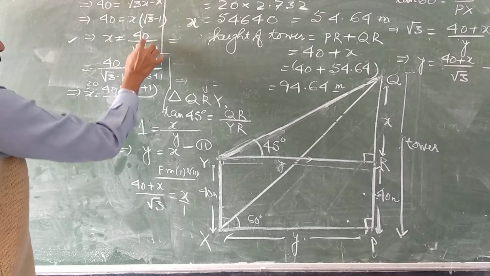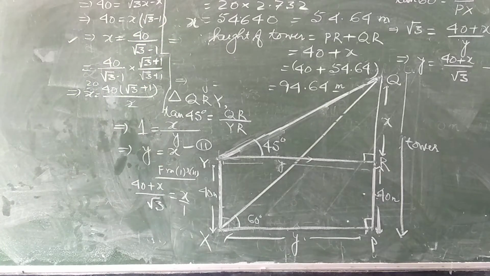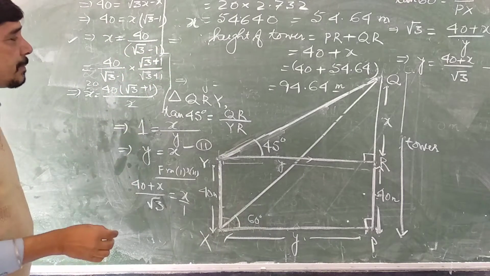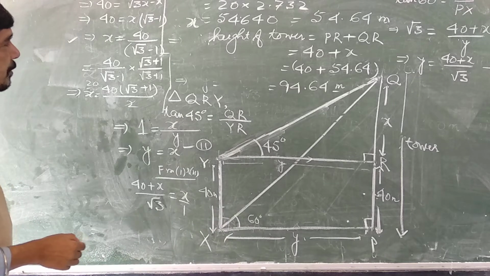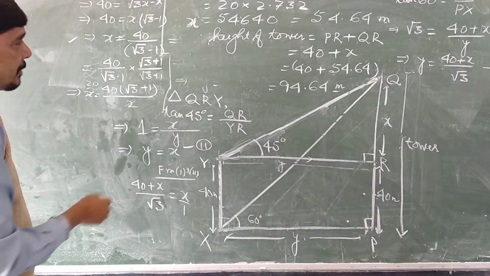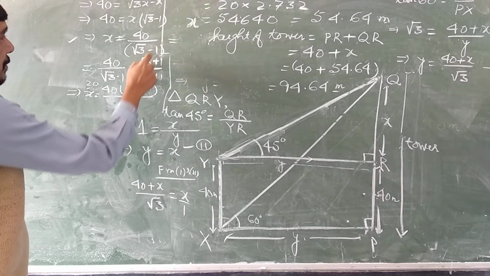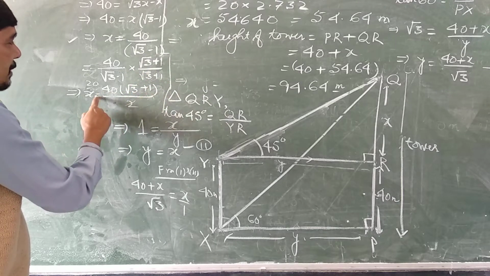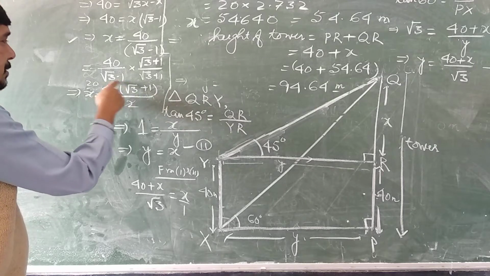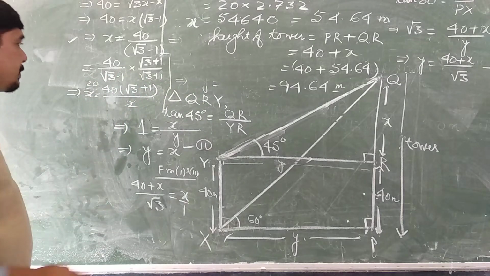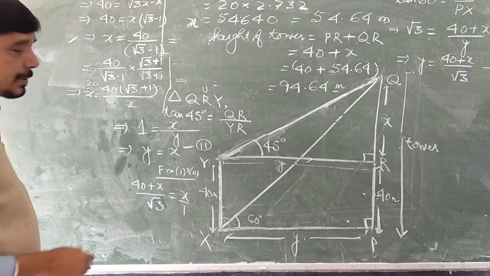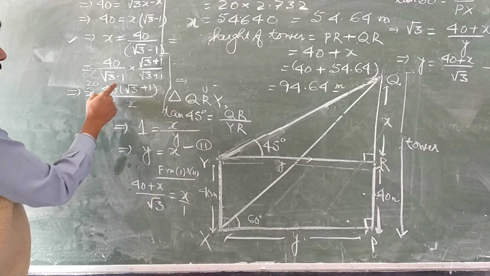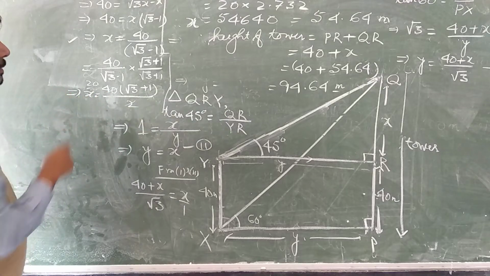So x is equal to 40 by (root 3 minus 1). Now rationalize by multiplying the numerator and denominator by root 3 plus 1. It gives 40 into (root 3 plus 1) divided by 2, using the identity (a minus b)(a plus b) equals a square minus b square. So (root 3) whole square minus 1 is 2. Now from 2 you can cancel 40, it gives 20.